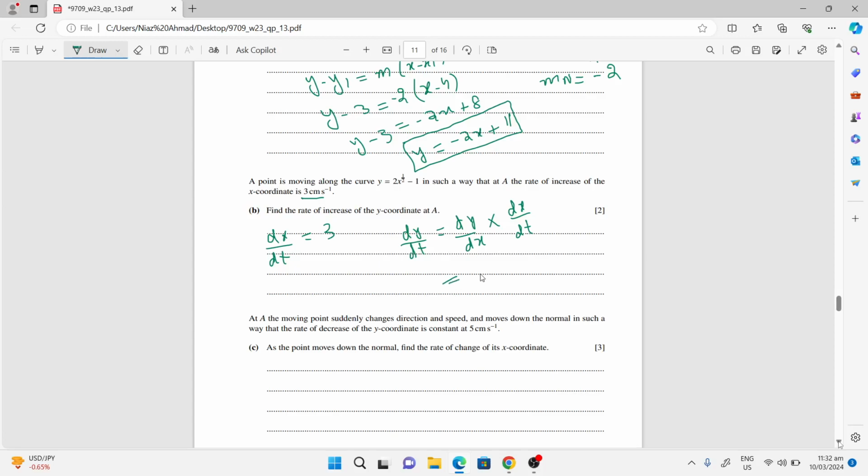So what is dy by dx? You have to differentiate the equation to get dy by dx.